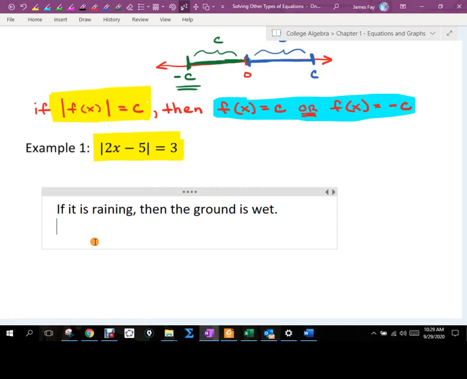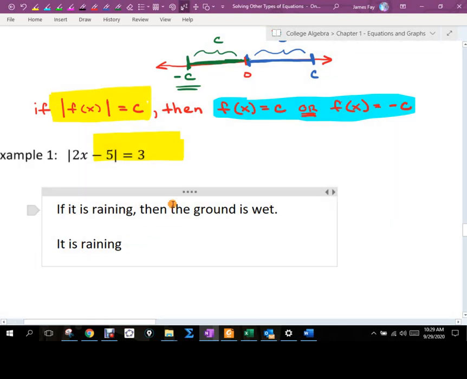So that's my if-then statement. And then I told you a second statement that said, it is raining. Does that match that? They match. So then the conclusion I can say about it in this particular situation is that my ground would be wet, right? Does that make sense, everybody?